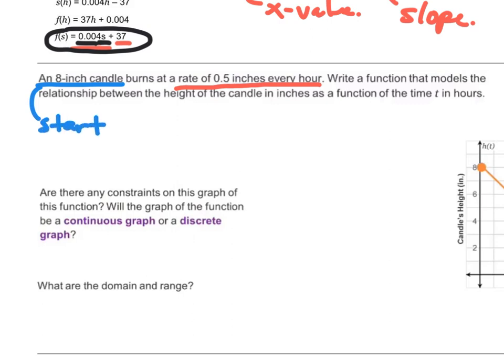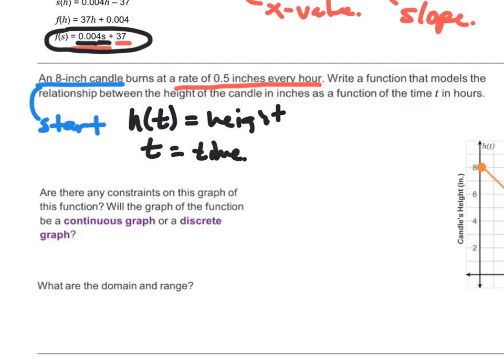It says write a function that models the relationship between the height of the candle in inches as a function of time in t hours. So I'm going to let h of t equal the height. t is equal to time. This is my x value. This is my y value.